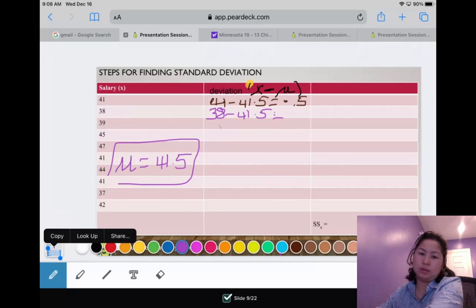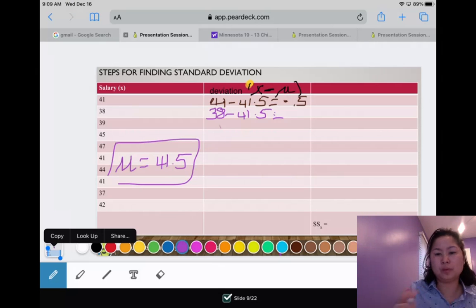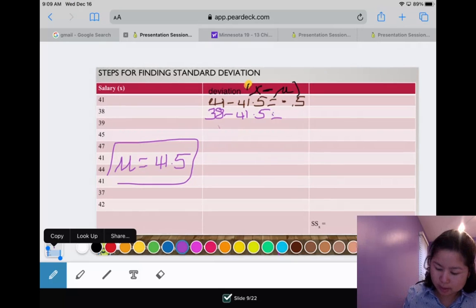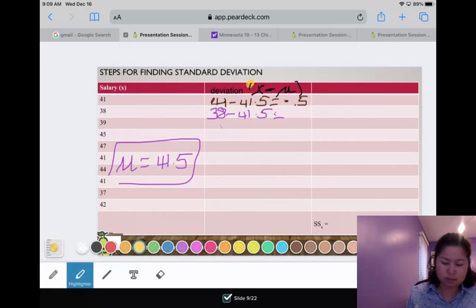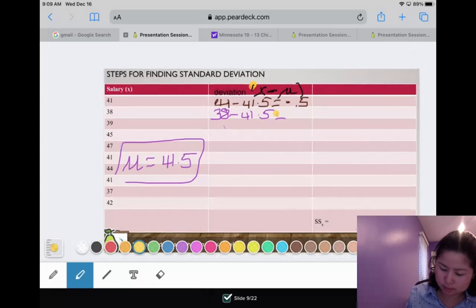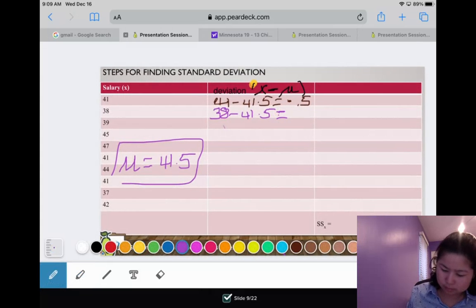So let's jot it down. For those who know what to do, I apologize, but just bear with me. If I subtract, that will give you negative 3.5.